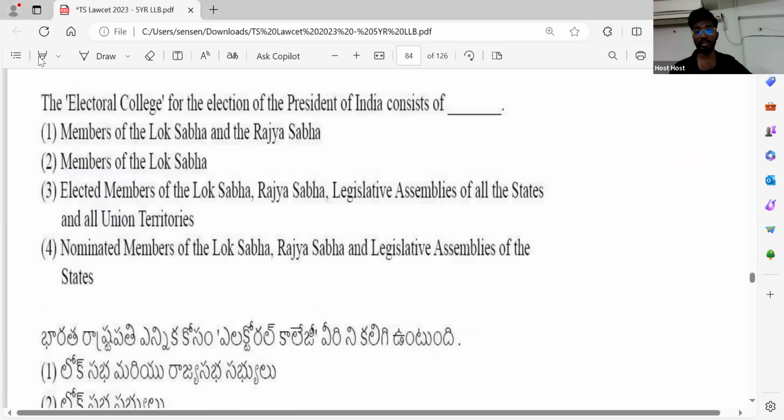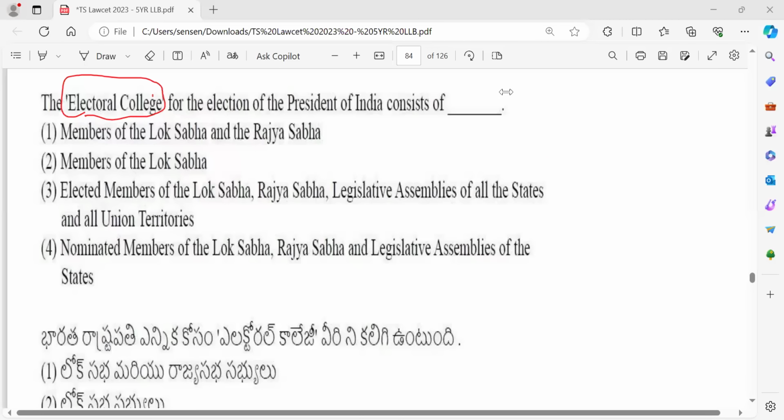Yeah, very important and most repeated question in the exam. The Electoral College for the President of India consists of. Now, what is the meaning of Electoral College? The people who are taking part in the presidential election. So, who are taking part in the presidential election? Lok Sabha members, Rajya Sabha members, Legislative Assembly of all states and union territory.